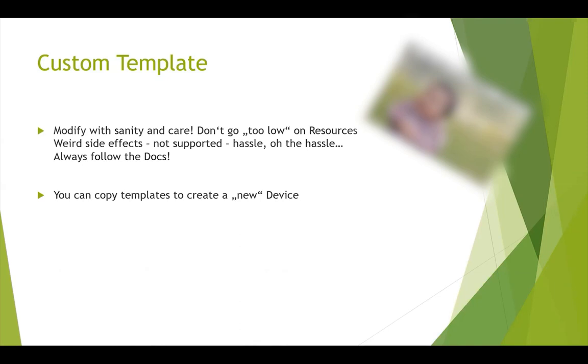You can start to copy one of the templates that are already in place. That is something that we will do to create a completely new device. You can rename it to anything fancy that you like, and start fiddling around with it.